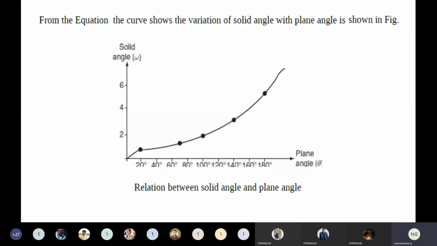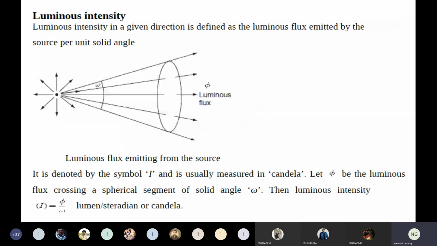Here we define luminous intensity applying the same solid angle: luminous flux emitted per unit solid angle. It is denoted by the symbol capital I, and it is usually measured in candela.